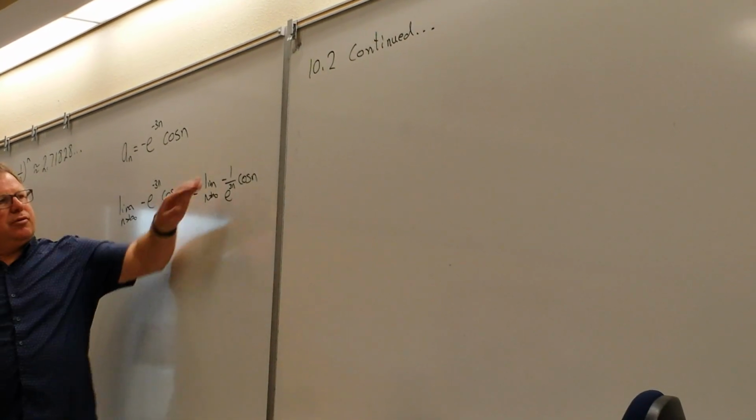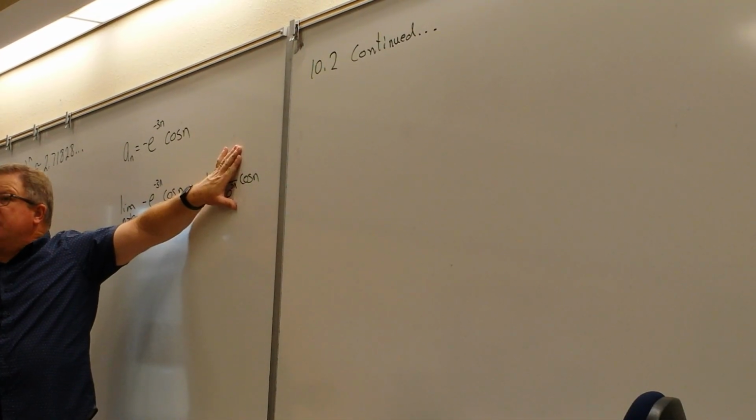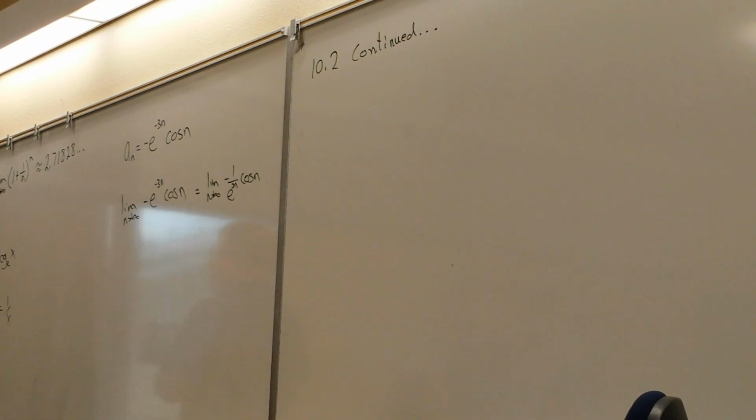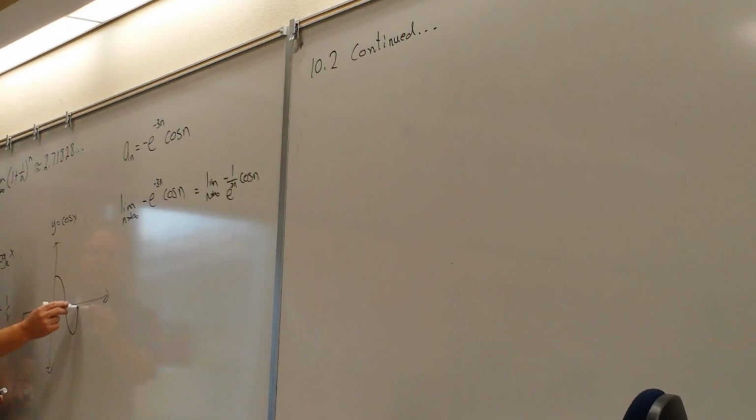Now, cosine. Cosine bounces around between what numbers? Can cosine be negative? Yes. The cosine graph, y equals cosine x, doesn't that do this forever in both directions?